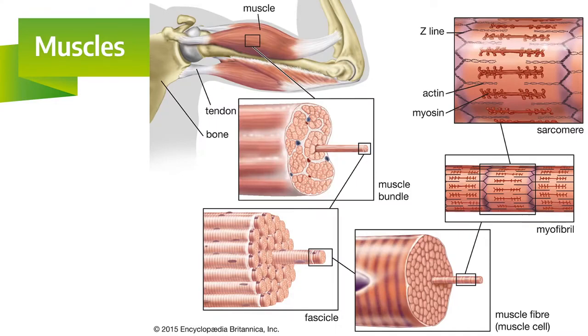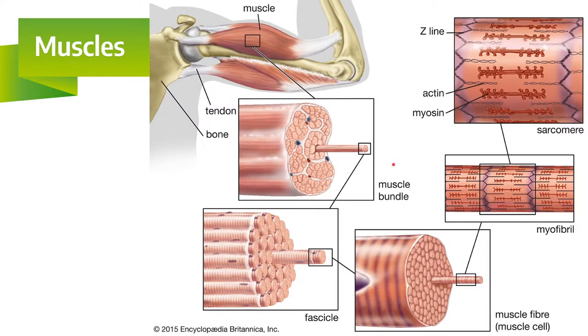So going through this picture of muscles, you have, for instance, the muscles in your arm, the biceps here in this case, which is formed of muscle bundles. You have veins and arteries in between that are there for the blood flow and the distribution of energy and oxygen.